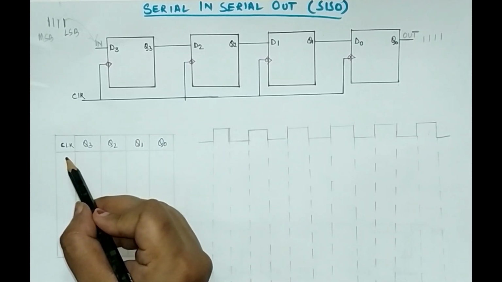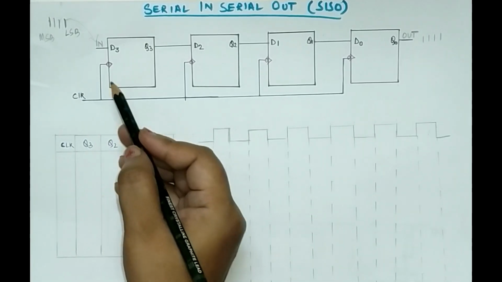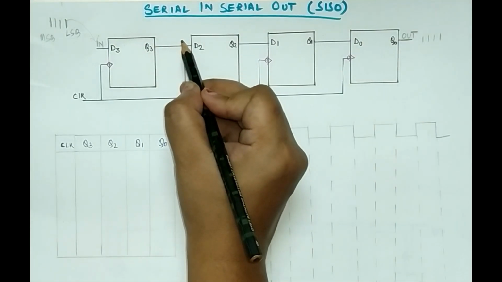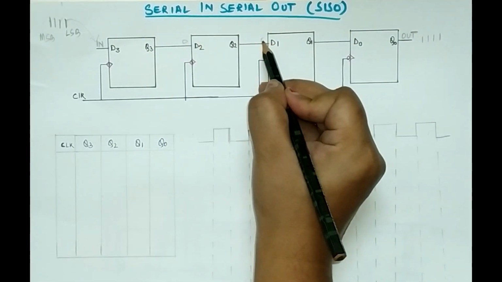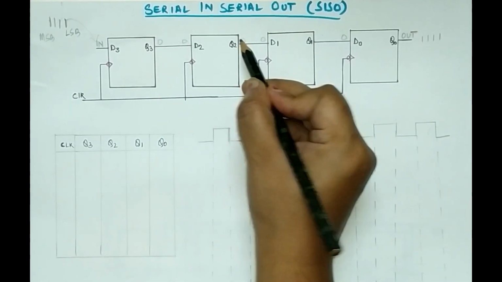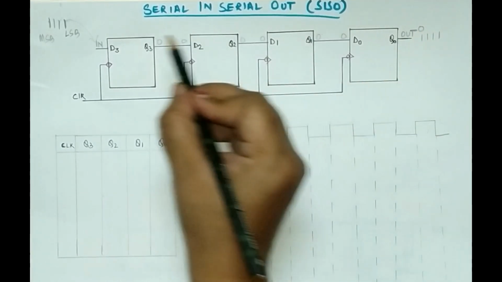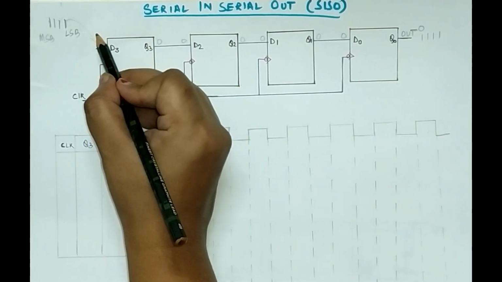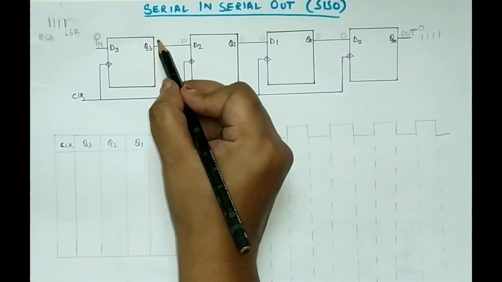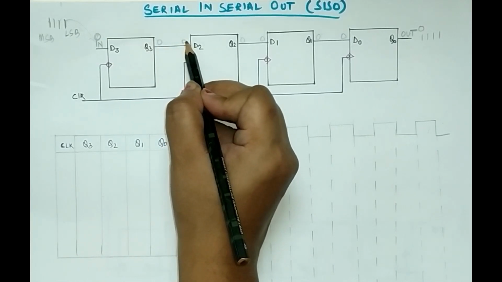Suppose in the initial condition when there is no clock pulse, what will be the output value of each flip-flop? It will be 0. So when I am giving no clock pulse and there is no input, my output will be 0, and this output is input to the next flip-flop, so it will be 0.